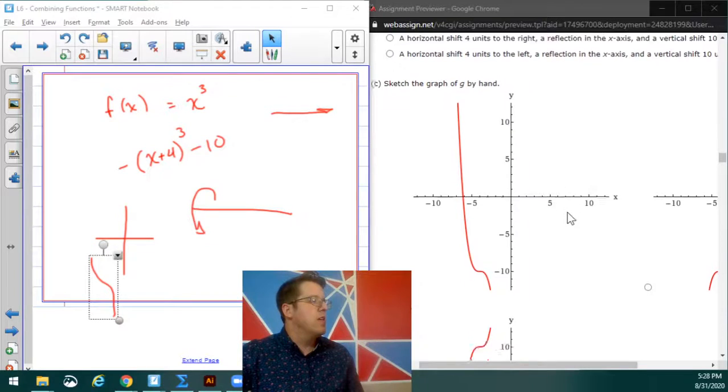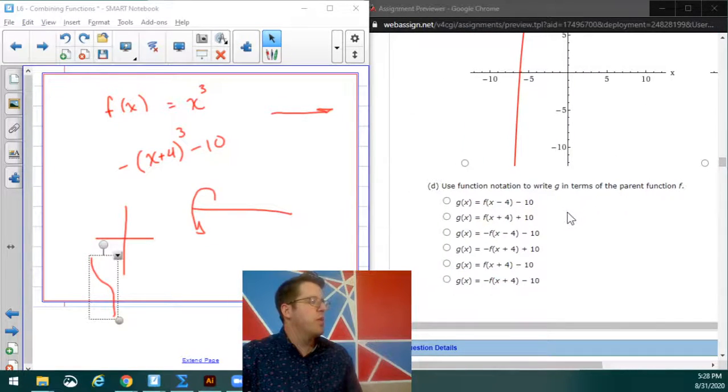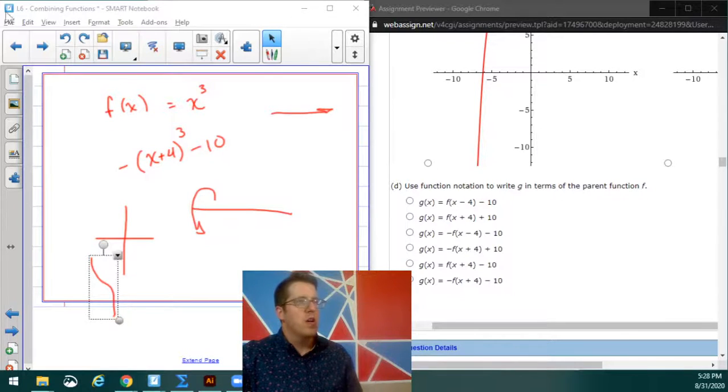Okay, finally, in function notation. So this is one of my favorites because it only kind of seems like it makes sense at first, and it doesn't really seem like it has a point, but it's actually really neat once you figure out how to do it. So it's actually just saying, what's the stuff that happens inside the function? So inside the cubing. And what's the stuff that happens outside?